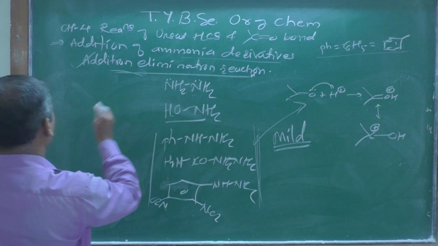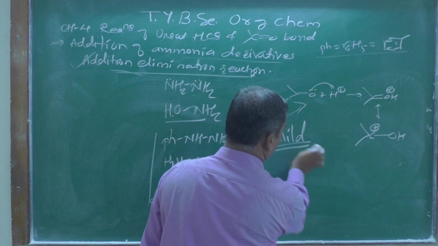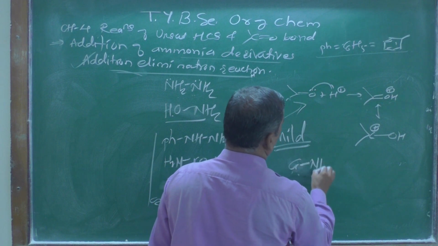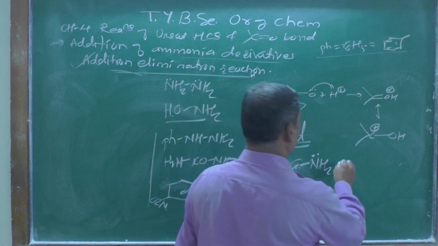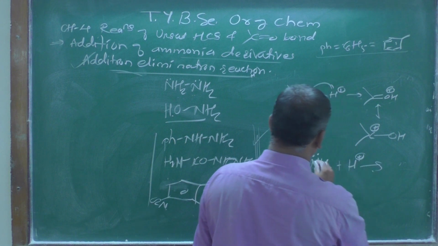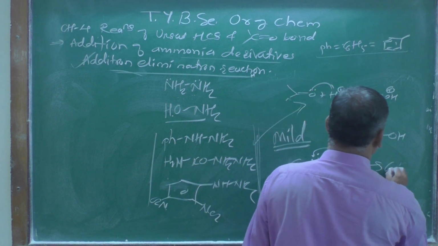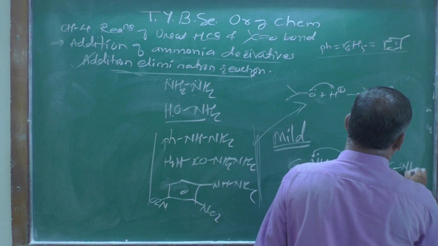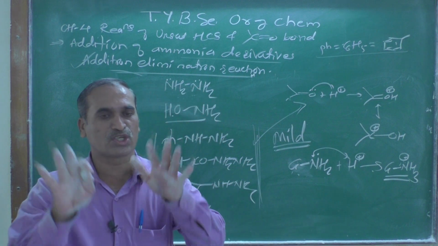As we know, in general, what is happening here, H2N-G, right? This NH2, if you use strongly acidic condition like H+, what is going to happen? This lone pair is going to attack the H+ instead of the carbonyl carbon, and you are going to get NH3 positive charge, and the activity of that is stopped here.